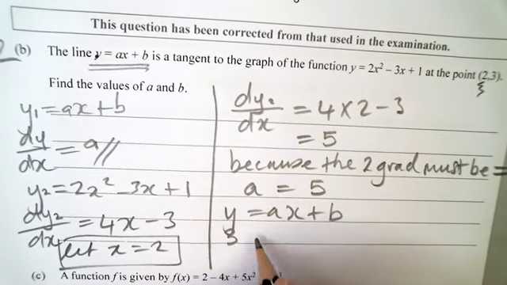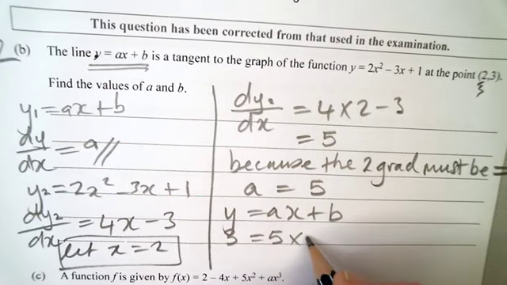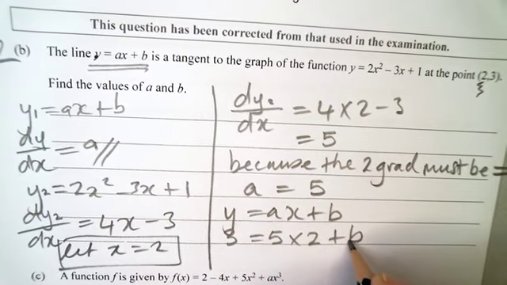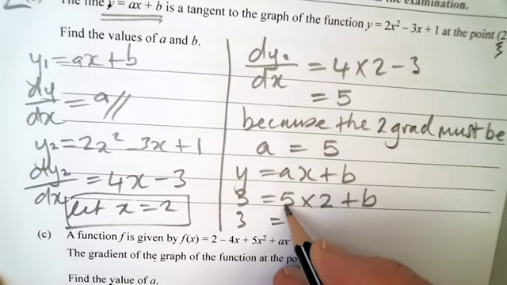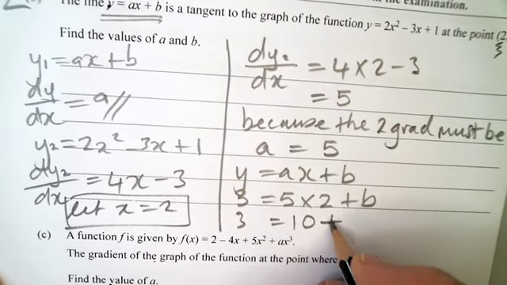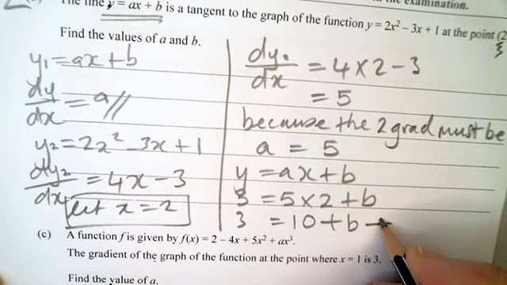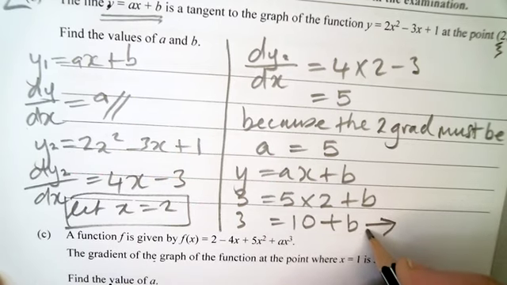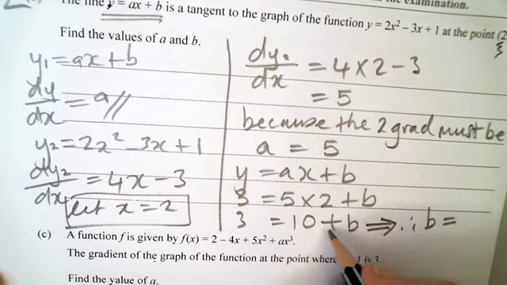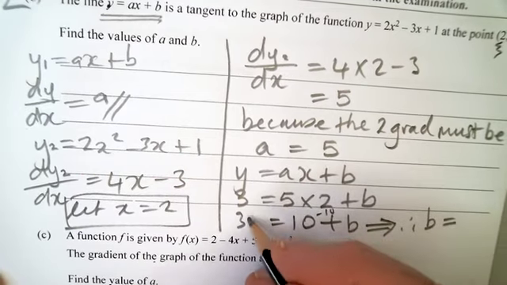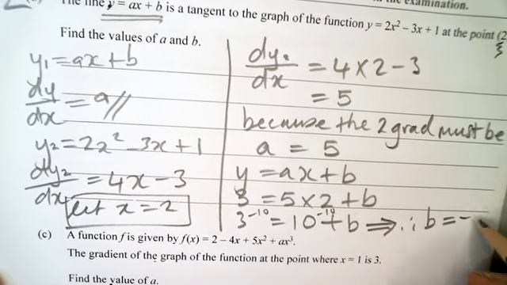So 3 is equal to 5 times 2 plus b. So we've got 3 is equal to 5 2s are 10 plus b. This implies, therefore, that b must equal, if I took 10 off both sides, b is going to equal negative 7.